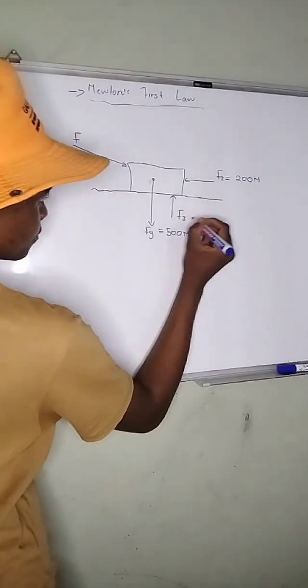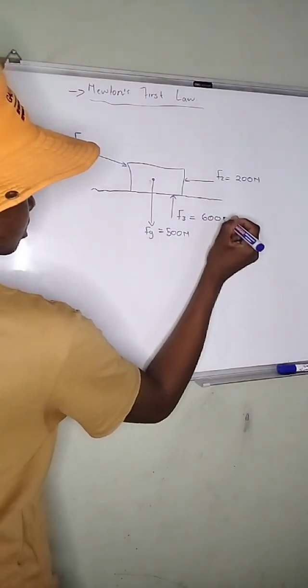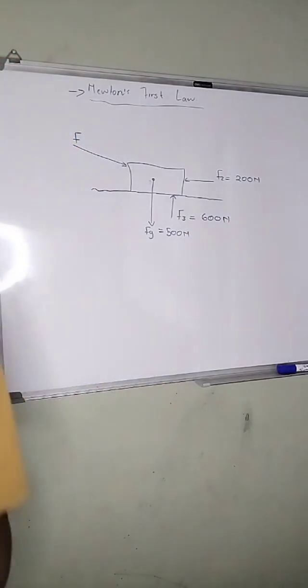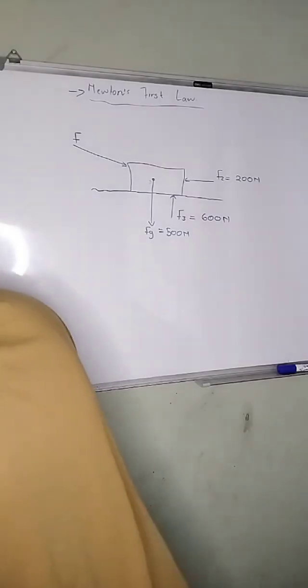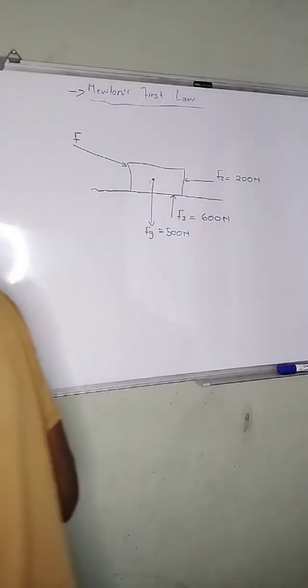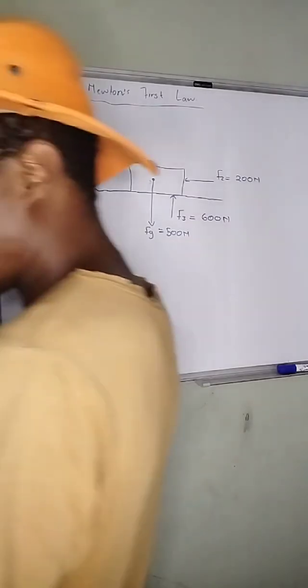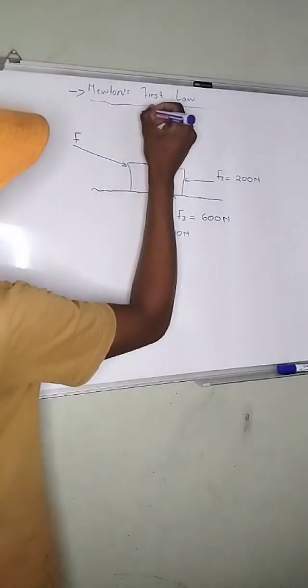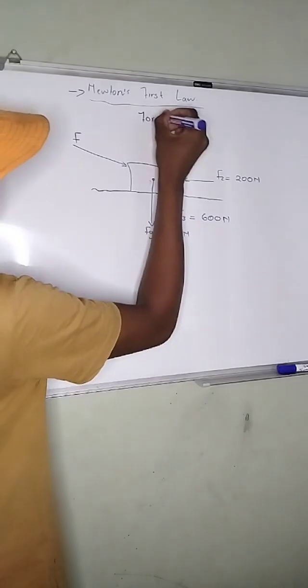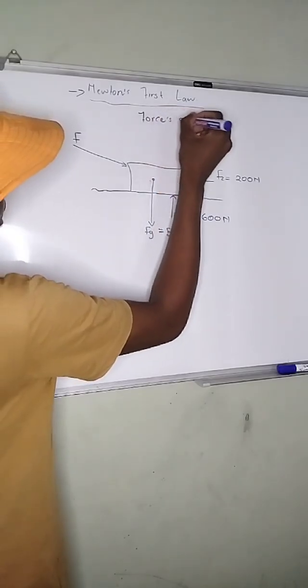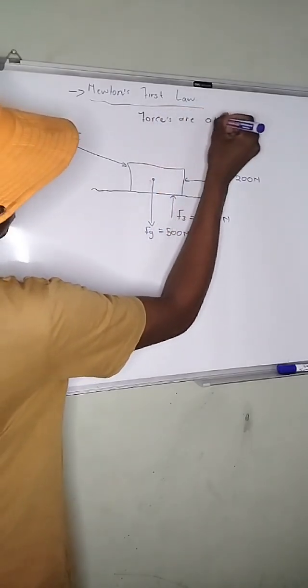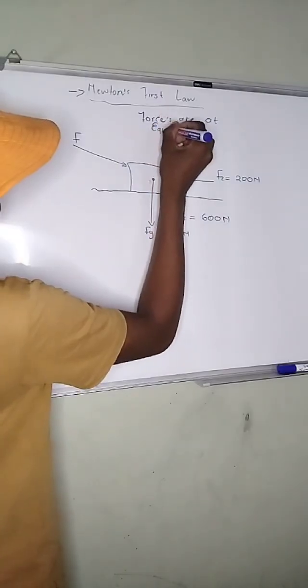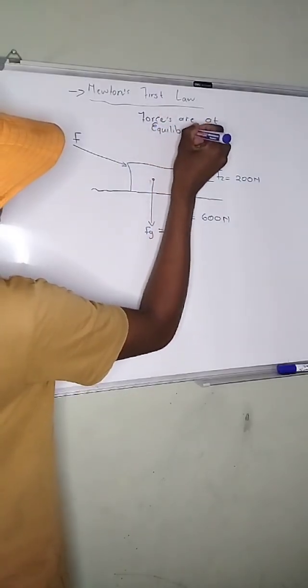Here they just said F3, which is 600 newtons. They're saying the forces on an object are all at equilibrium.